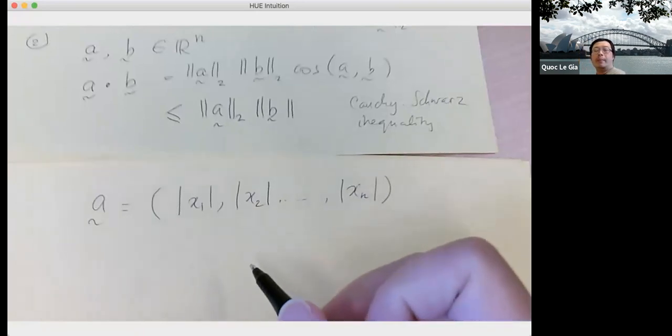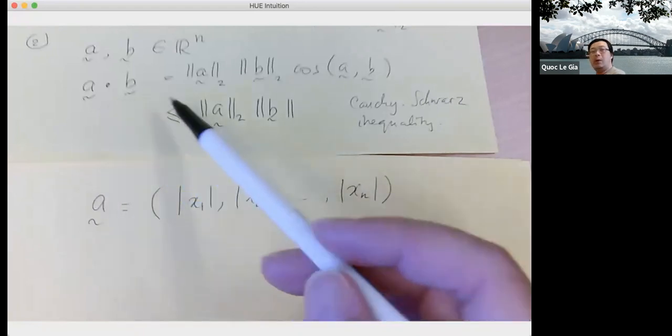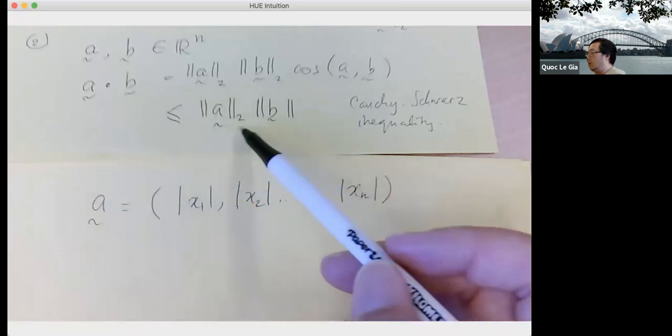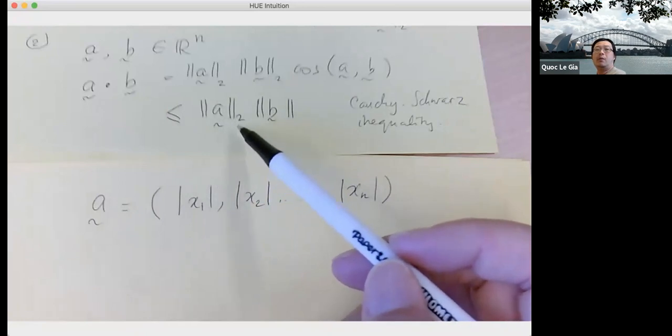If I plug into this inequality, I will have the length of the vector x here, the 2 norm.